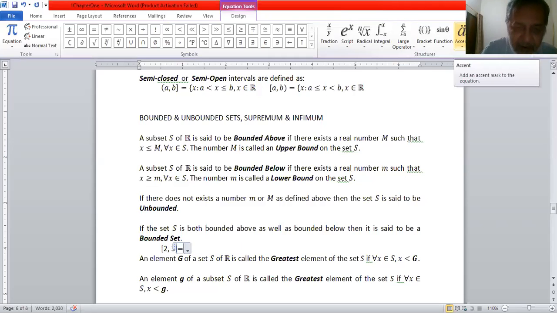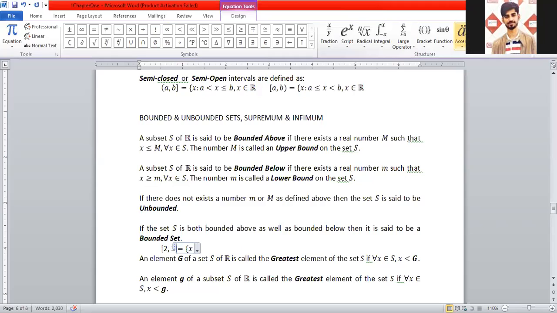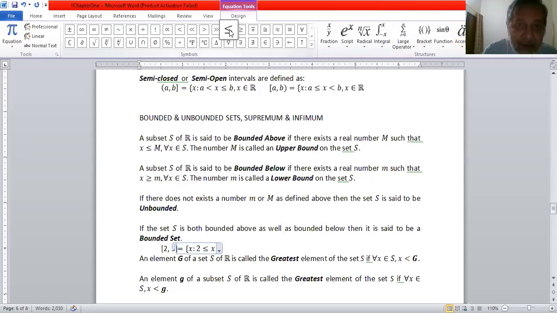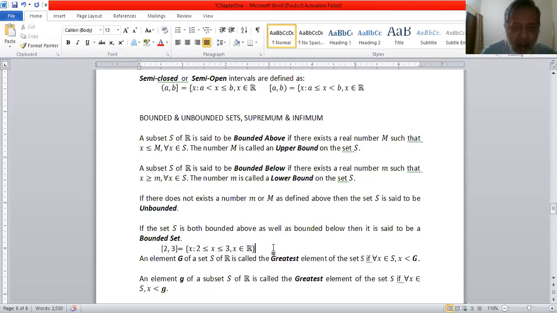This set, in fact, is set of all elements x such that 2 less than or equal to x, and x less than or equal to 3, and x belongs to the real numbers. ये है सेट. ओपन इंटरवल और क्लोज इंटरवल तुमने क्या पढ़े हैं? इसी तरह पढ़े हैं ना.